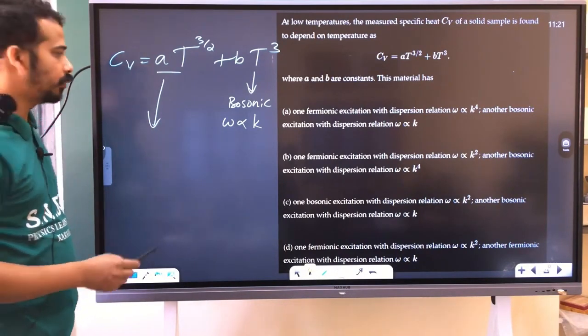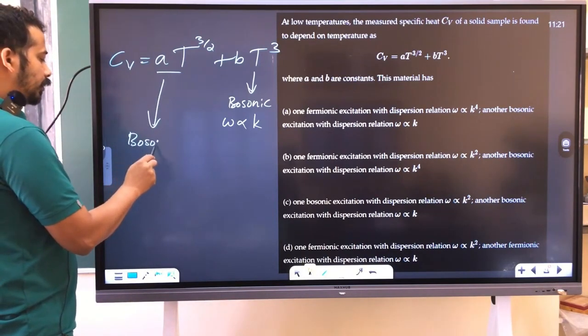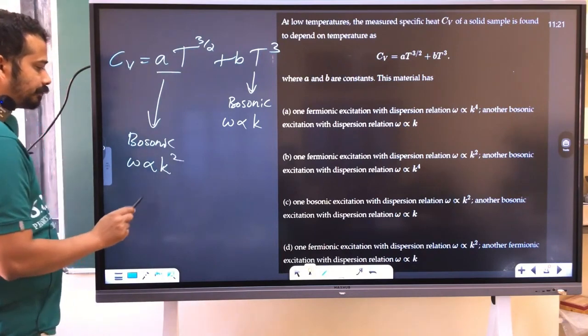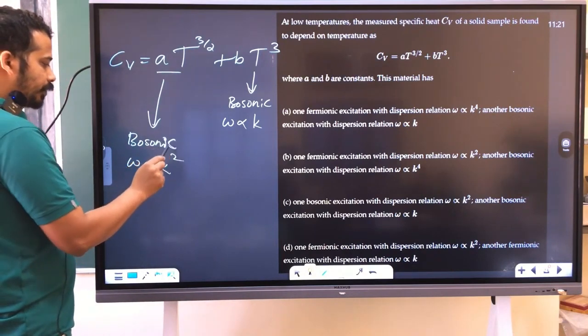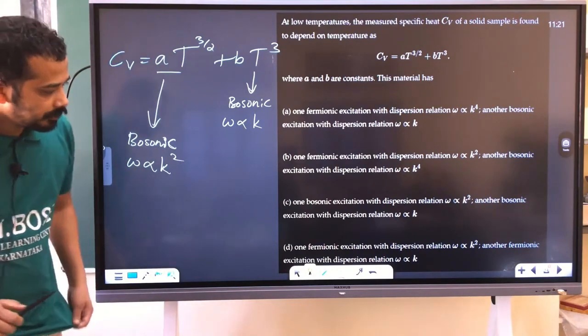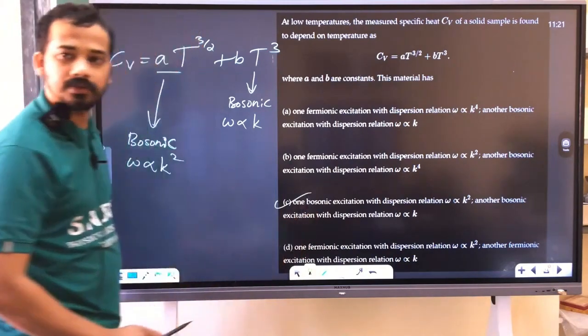So now this is also bosonic, but omega proportional to k square, or energy proportional to k square. Which option? One bosonic with omega proportional to k square, another bosonic with omega proportional to k square.